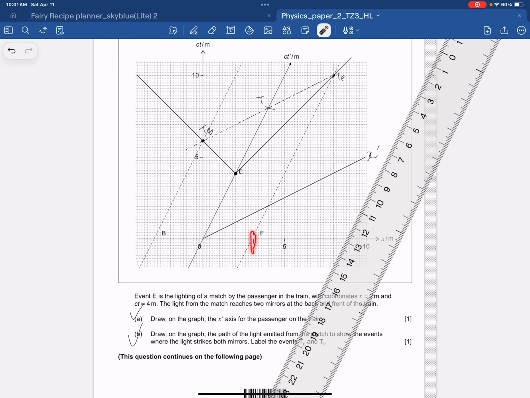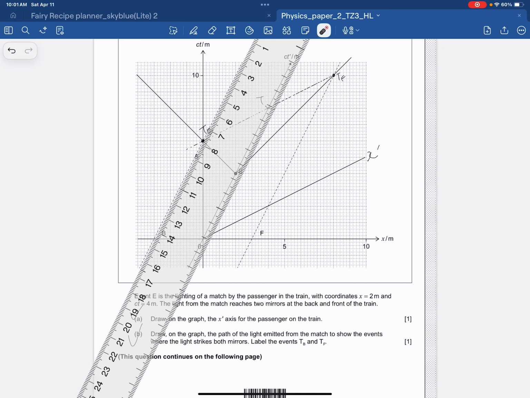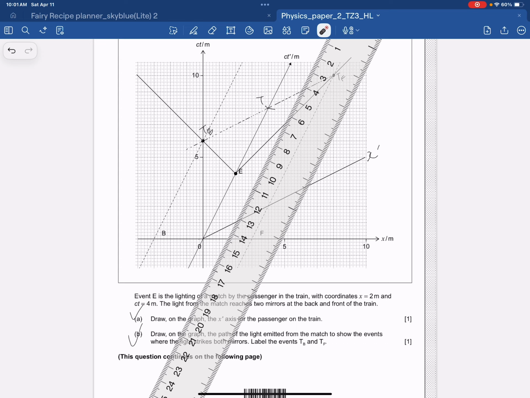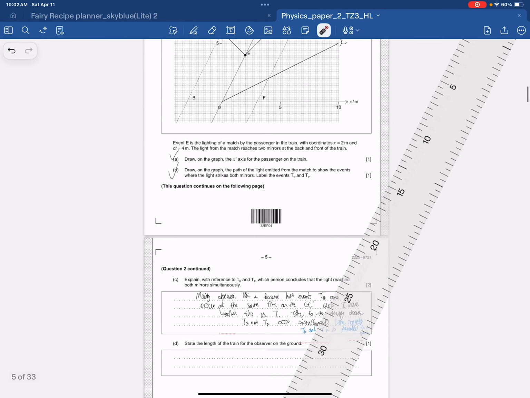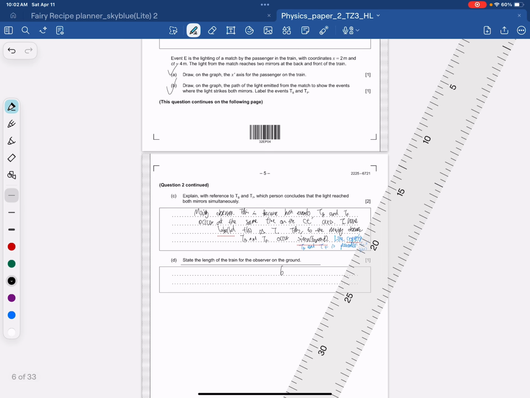So we got here, and at the same time, we got here. This is the x from the stationary observer's perspective. This is the position of the back of the train, and this is the position of the front of the train. We have 3 big boxes here and 3 big boxes here. So the front is 3 meters from the origin, the back is 3 meters from the origin on the other side, at -3 meters, and therefore the train is 6 meters long for the observer on the ground.